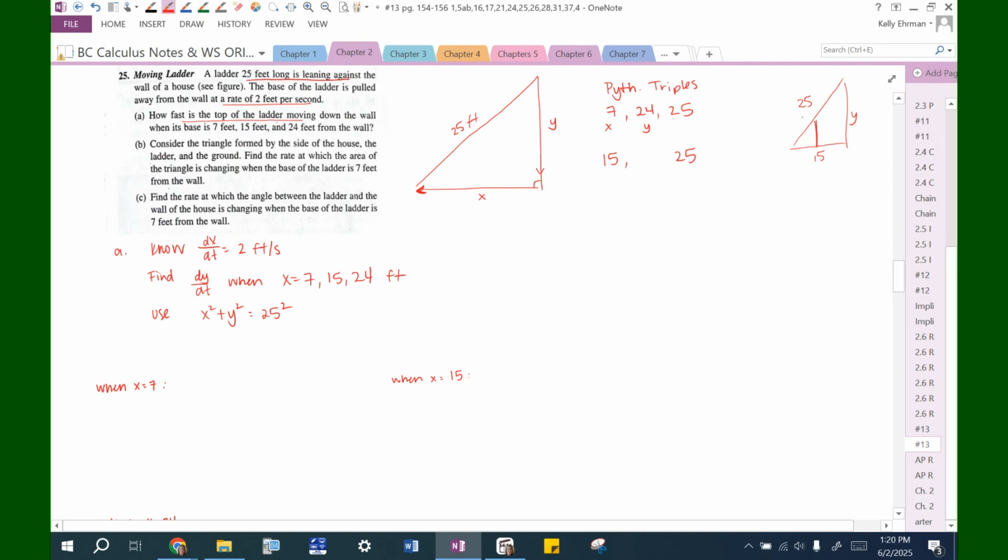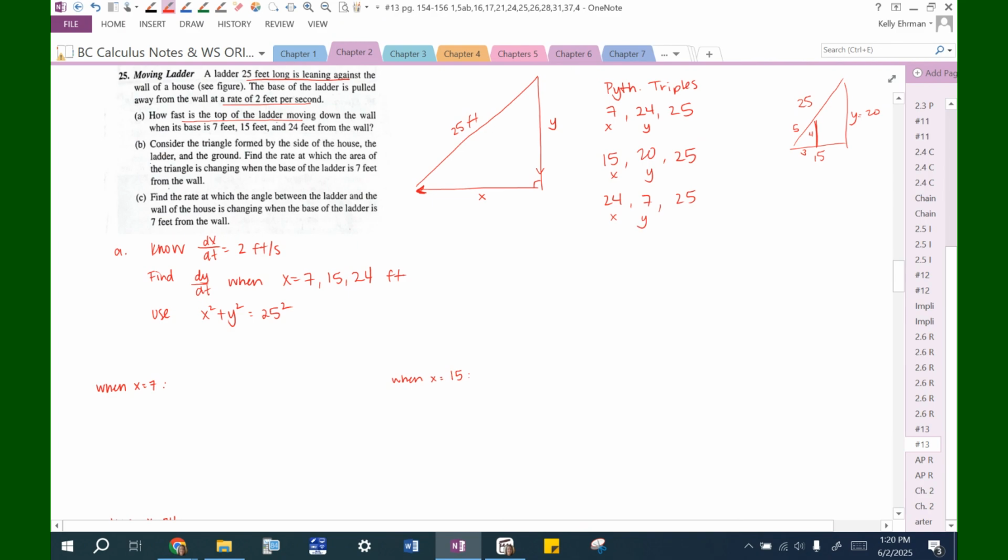If I divide by 5, hypotenuse of 5, leg of 3, this one's got to be 4. Scale it back up, multiply by 5, that's 20. So when x is 15, y is 20. And then the last one is just if x is 24, then y is 7, and the hypotenuse is still 25.